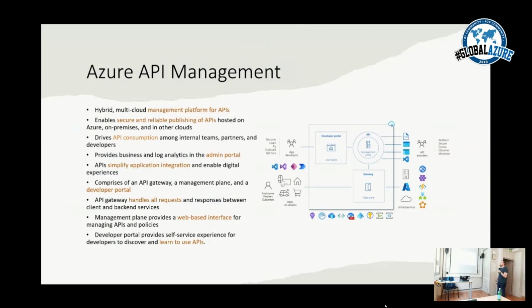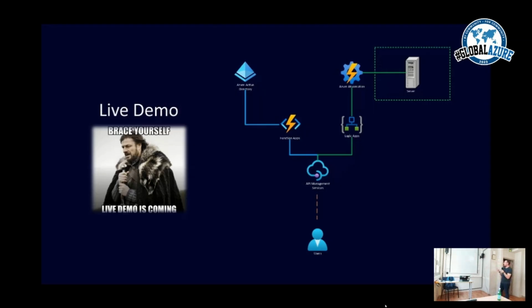I was thinking of explaining Azure API Management more, but why don't we have a full live demo of all of these services that I just explained to you. I have created this diagram to show you. This live demo is basically based on these 4 services.